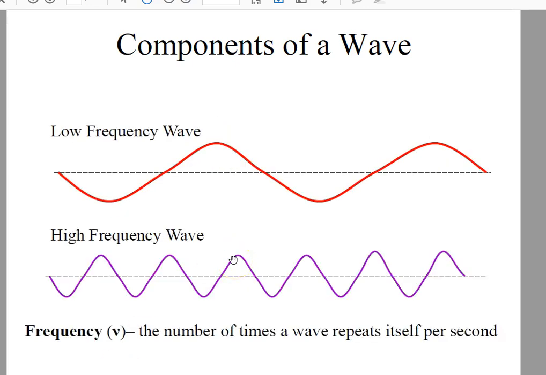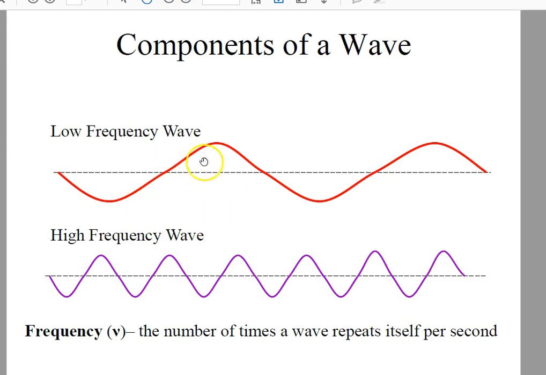Here you see the first wave has a long wavelength, and the second wave has a much shorter wavelength. It says that the first wave is low frequency and the second wave is high frequency. In terms of a wave, the frequency is how often it comes past a point.